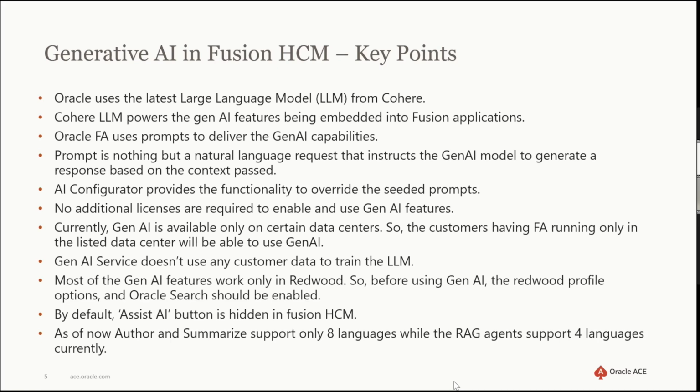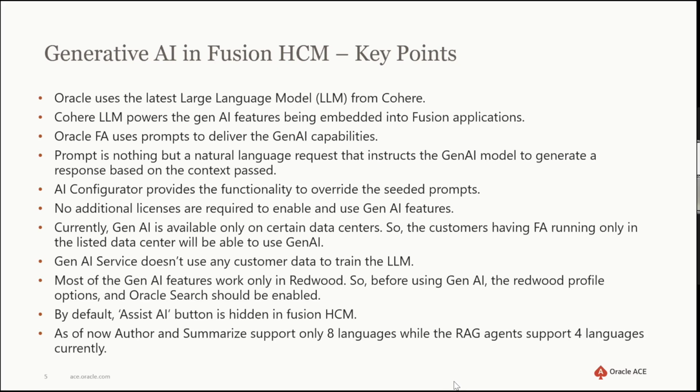The next thing is about the licensing cost. Gen AI is embedded and it's free to use. There are no additional license costs associated with using Gen AI features. The only limitation as of now is that Gen AI is available only in a certain set of data centers, so customers who are not on those data centers will not be able to use Gen AI as of now.